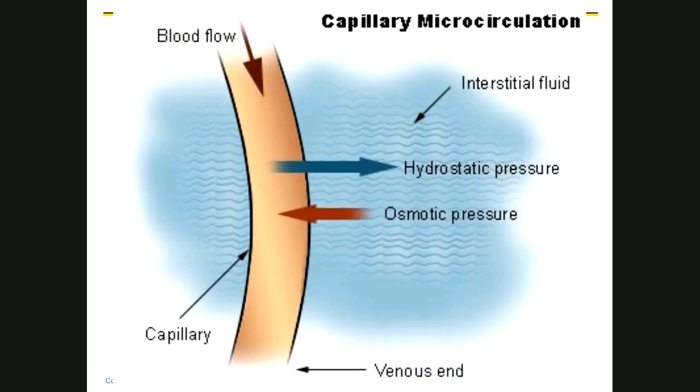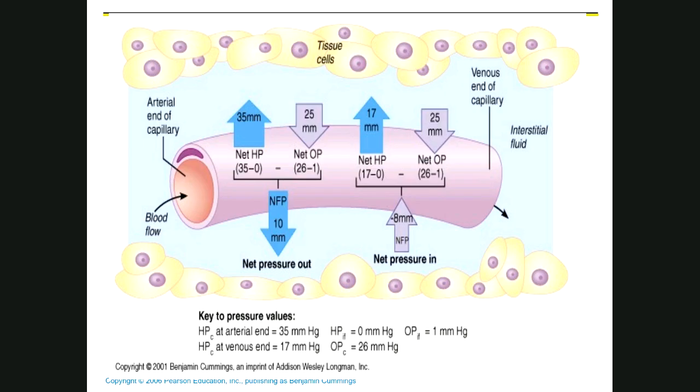So remember when we talked about how capillaries leak, and we looked at this picture, and we had this equation. Remember there was an equation for net filtration pressure. We said that it's equal to the pressures out minus the pressures back in. There was only one pressure out, and that was blood pressure.